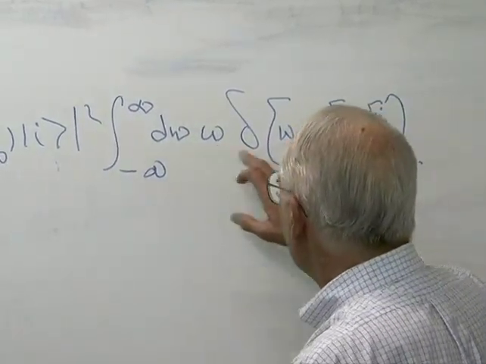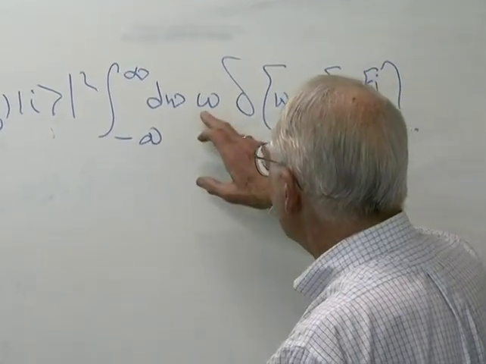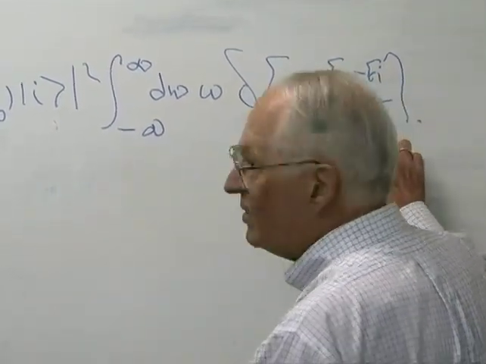Now, this integral I can do because of the delta function, and I set omega equal to the difference of the energies divided by h bar.